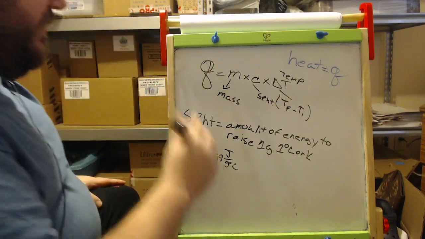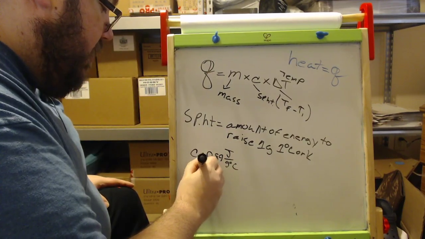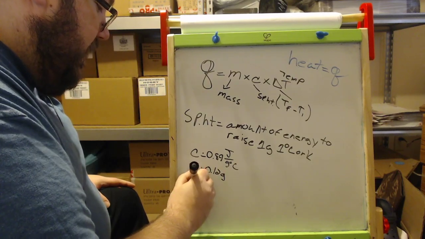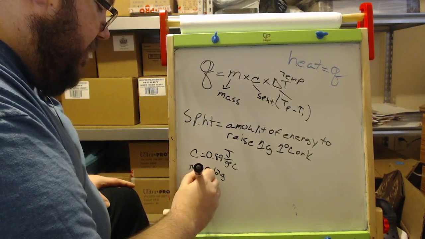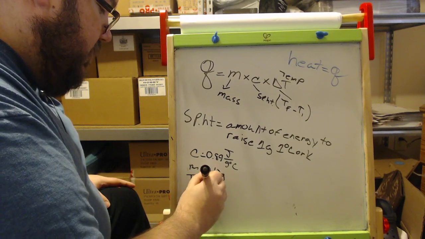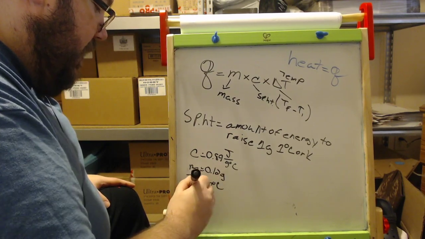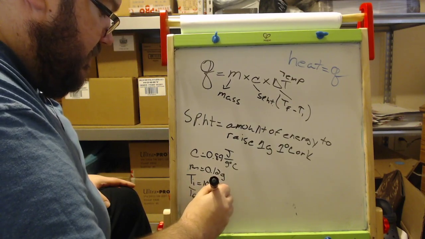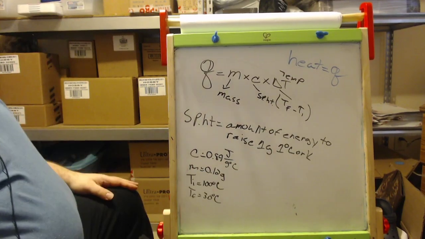And I said to you that the object's mass was 0.12 grams. And the initial temperature was 100 degrees Celsius, and the final temperature is 30 degrees Celsius, and I want to know what Q is.